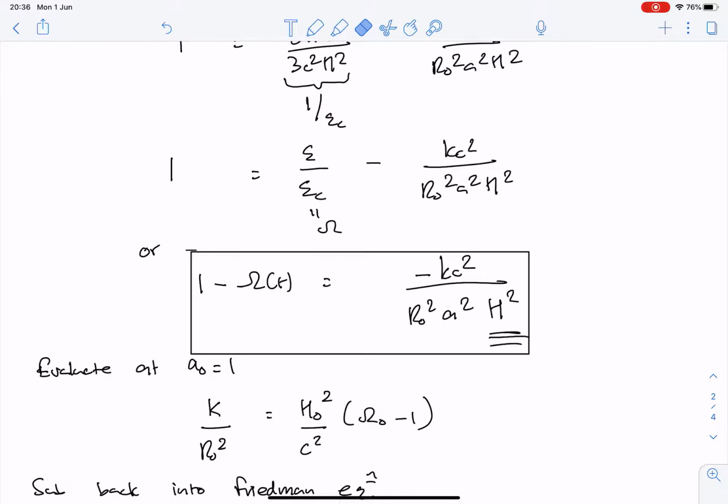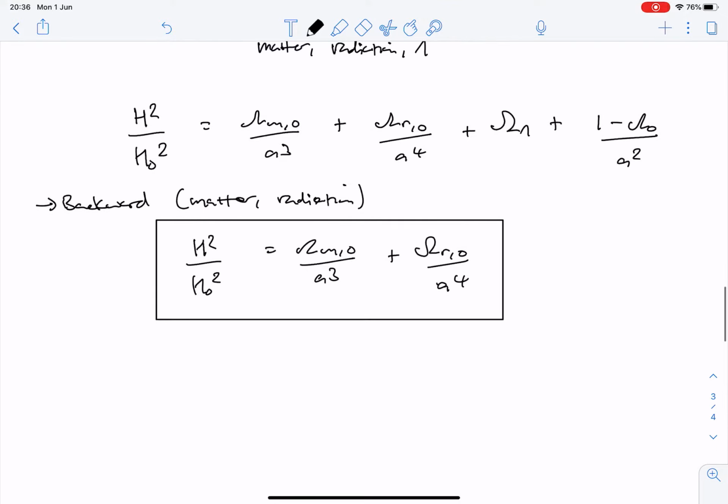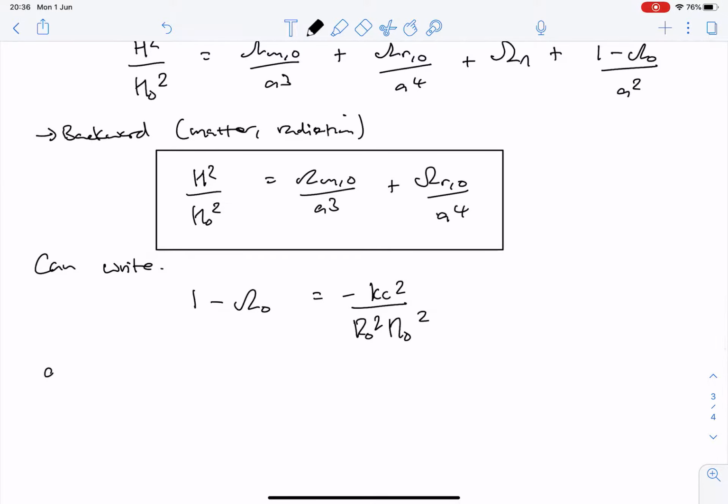And again, if I evaluate that at the current time without doing the rejigging I did when I did this bit here, then I can write very simply 1 minus omega 0 equals minus kc squared over r naught squared h naught squared, because remember a0 is 1. And I also, of course, have that more generally, that 1 minus omega is equal to minus kc squared over r naught squared h squared a squared.